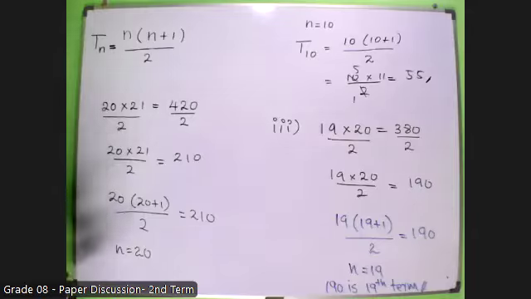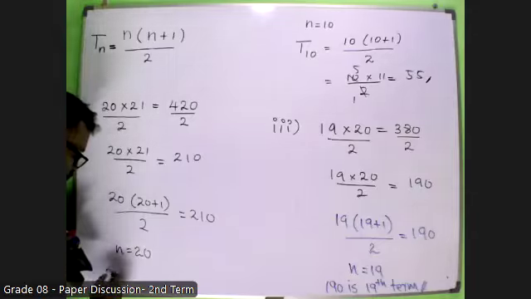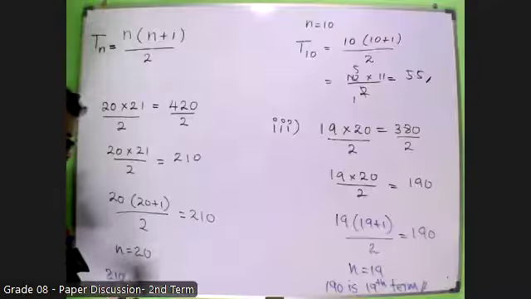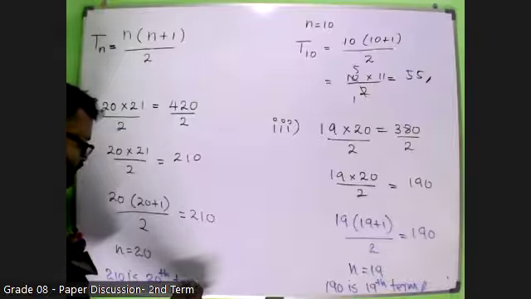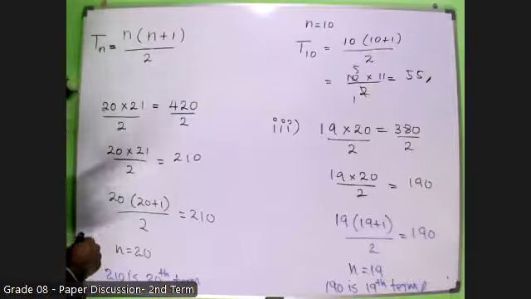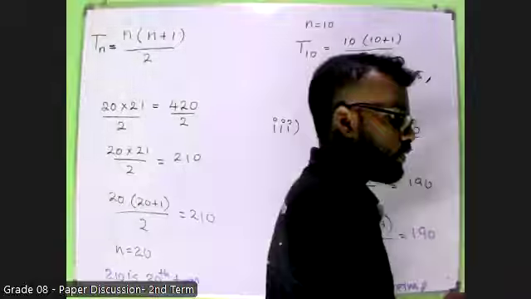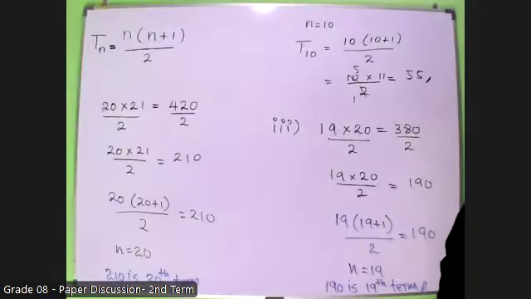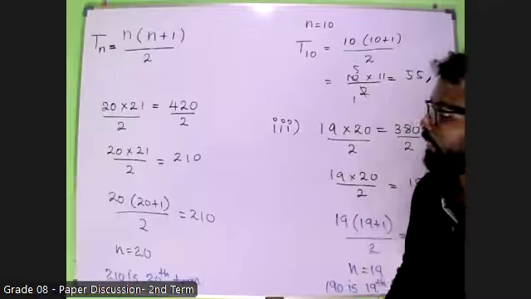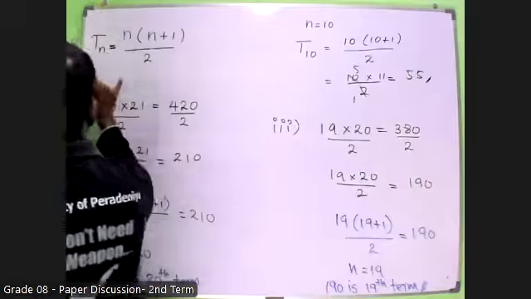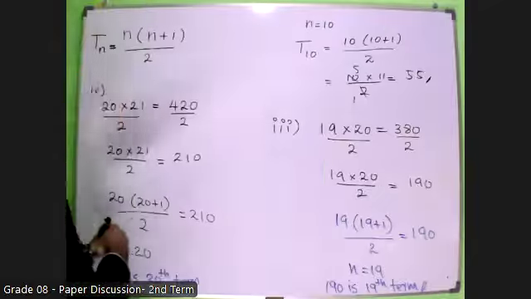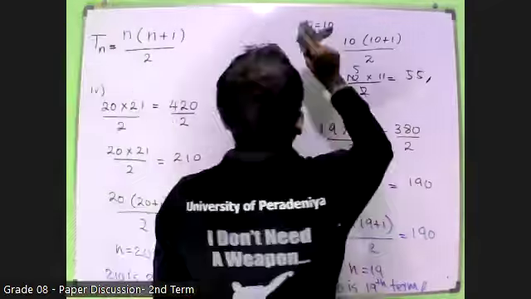So finally we can write: 210 is the 20th term of this number pattern. This is the fourth one.